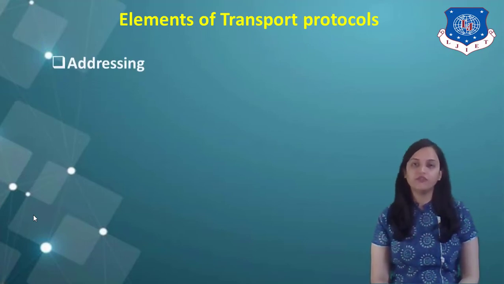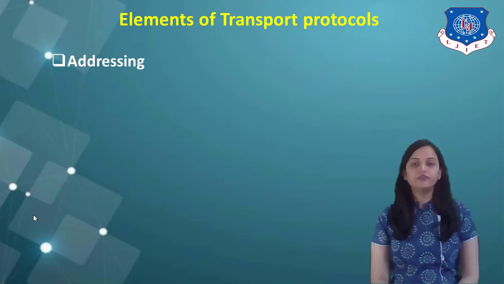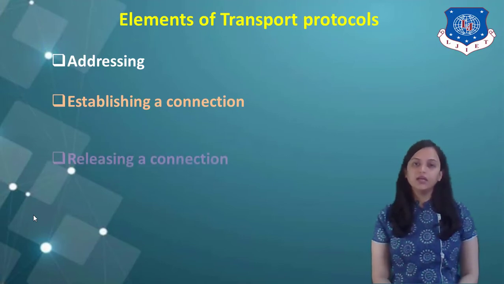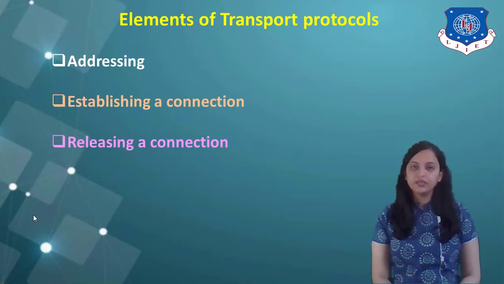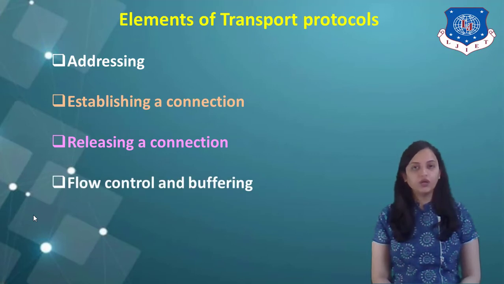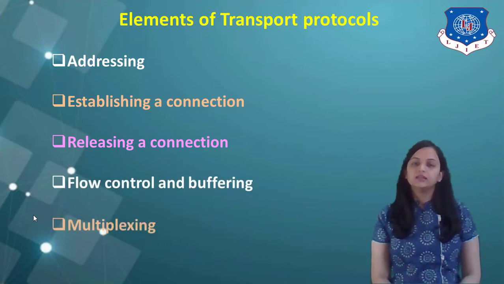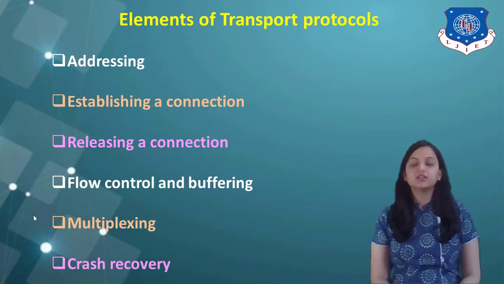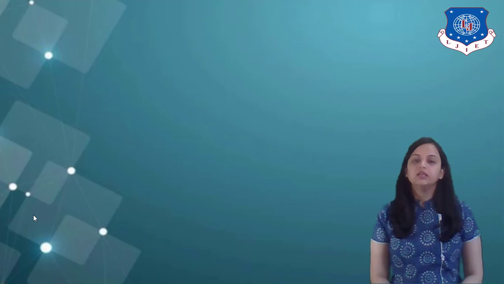So the elements of transport protocols are: the first one is addressing, the second one is establishing a connection, the third one is releasing a connection, then flow control and buffering, then multiplexing, and the last element of transport protocol is crash recovery. So these are the main 6 elements of transport protocols. Let us understand each of them in detail.